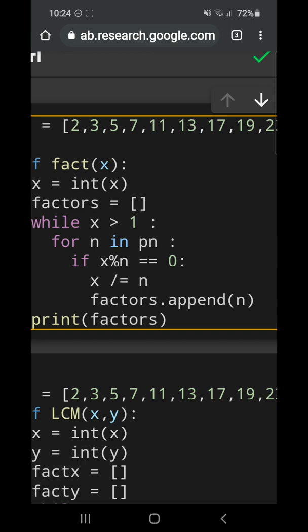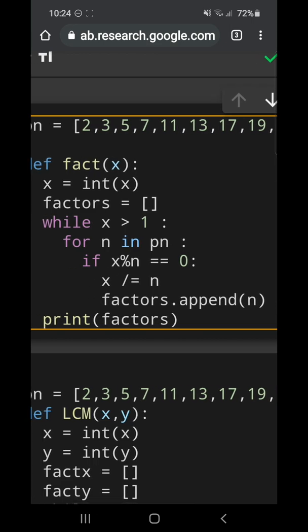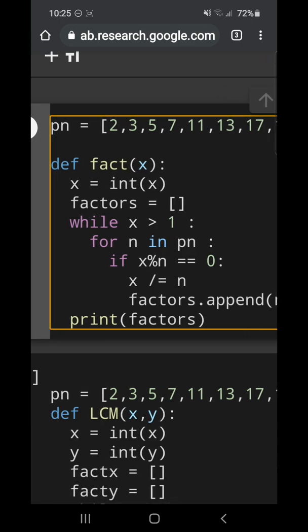Okay, so we will write while x is greater than 1. When we are factorizing a number, the final number needs to be 1, so we need to divide that number down to 1. Now for n in Pn, where Pn, as I told, is a list.